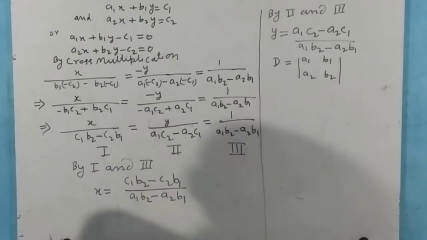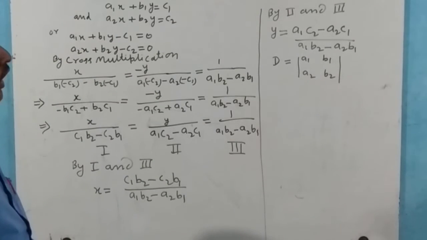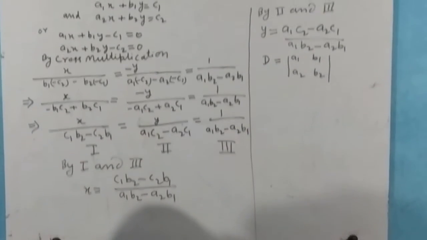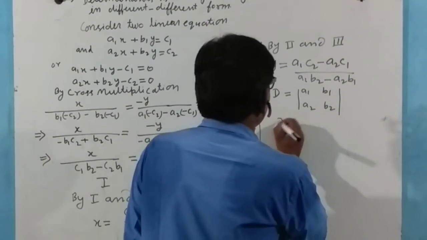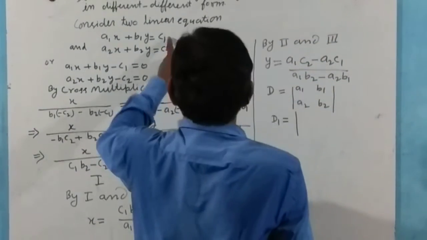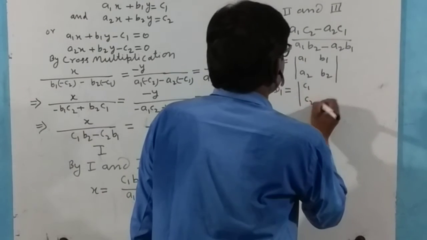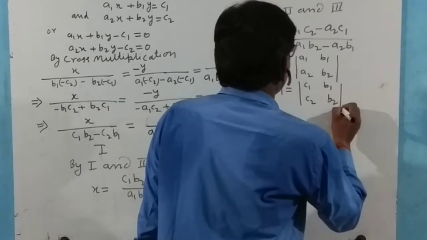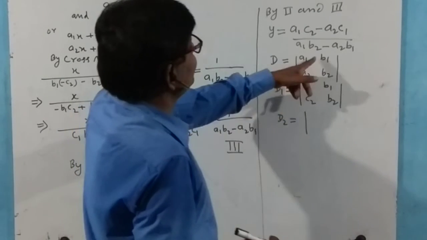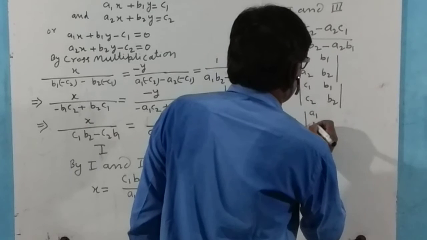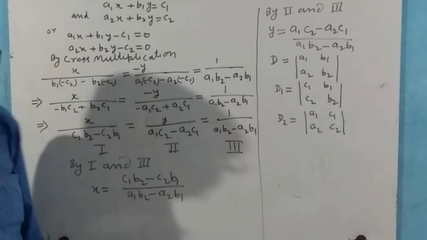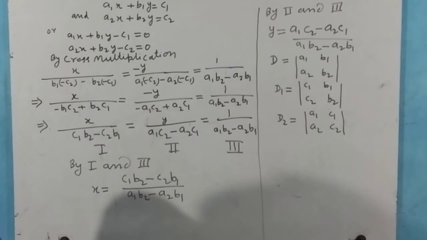D1 equals this with the first column replaced by c1 c2, so b1 b2 stay, and D2 equals a1 a2 with c1 and c2 replacing the second column.